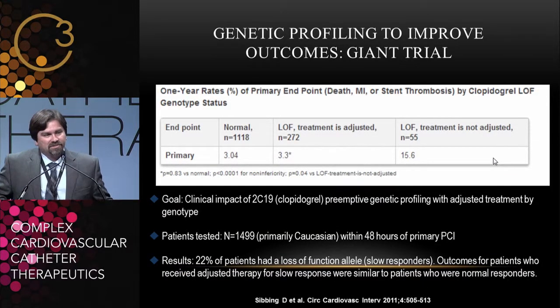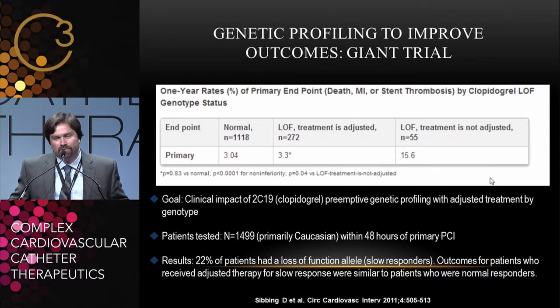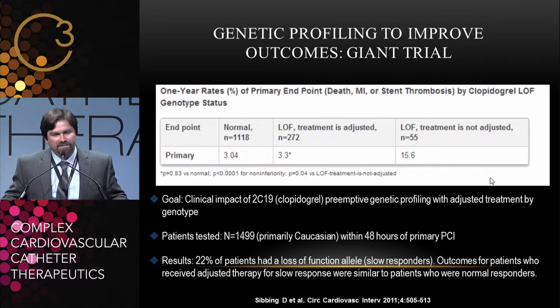We all are concerned that there's not enough evidence out there to support genetic testing. But you guys have to remember, truly we're not all created equal. We all have a little bit of variations and respond differently to different stimuli and medications. Probably the largest, the GIANT trial, was one of the ones that gave us an impetus in the utilization of this wonderful test.